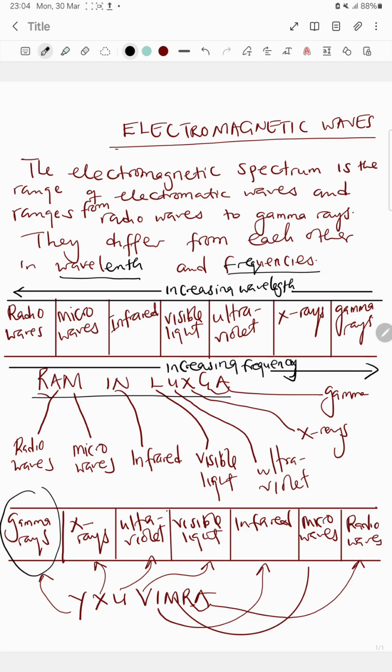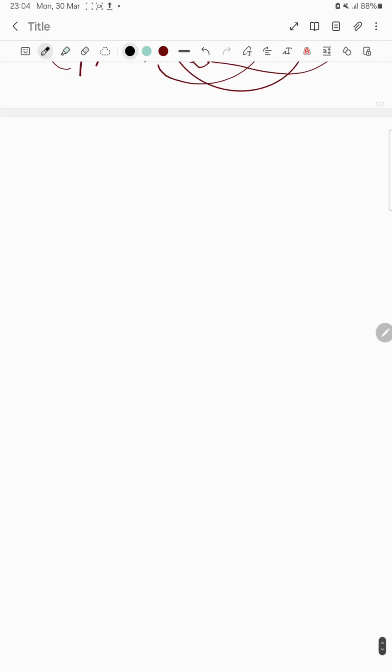So what we are saying here is that radio waves have higher wavelength, whereas gamma rays have less what? Wavelength. Whereas the gamma rays have higher frequency but less wavelength. Then radio waves have higher wavelength but less what? Frequency. That's what we are saying here.